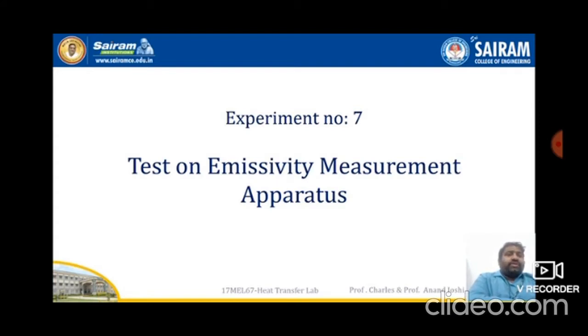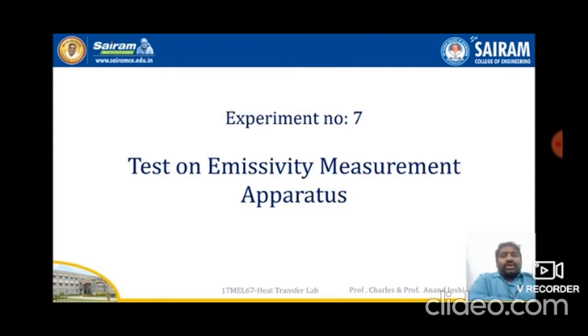If a body has 0.6, it means 60% of the energy is emitted by the surface under the same conditions as that black body.